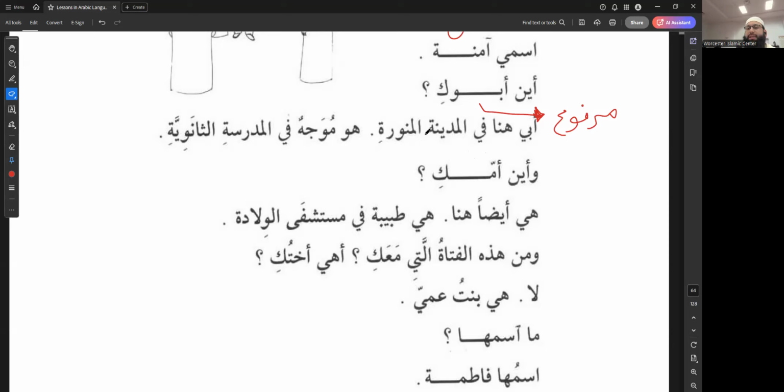أبي هنا في المدينة المنورة. My father is here in المدينة المنورة. هو موجه في المدرسة الثانوية. He is, I think, the director in the secondary school. What we said this is? High school.